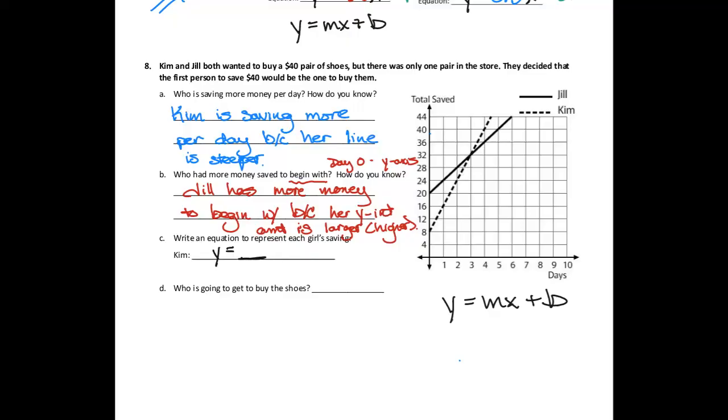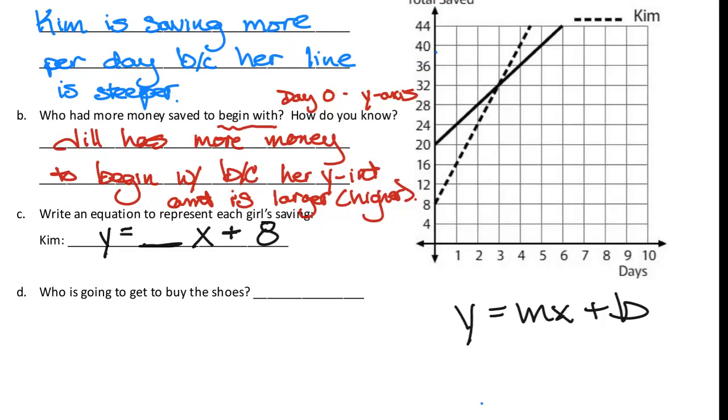She's gonna have a slope. I know this is gonna be x, plus, what is her y-intercept for Kim? Should be 8, right? And let's see, as I get rid of that, I'm gonna zoom in here.